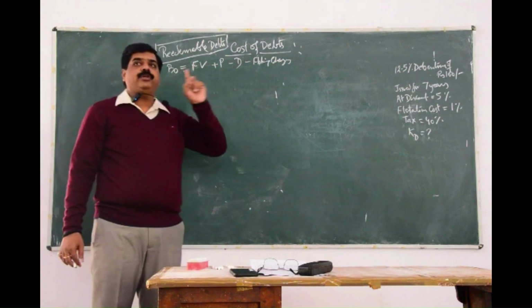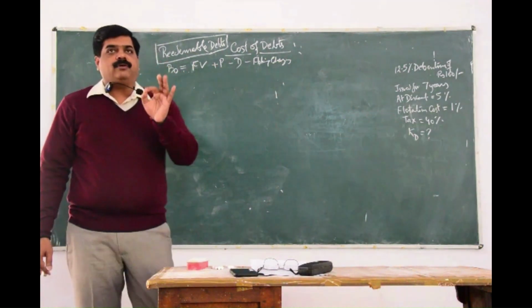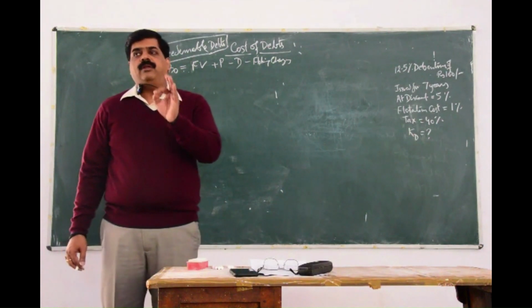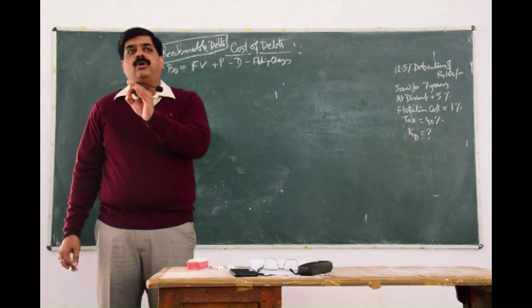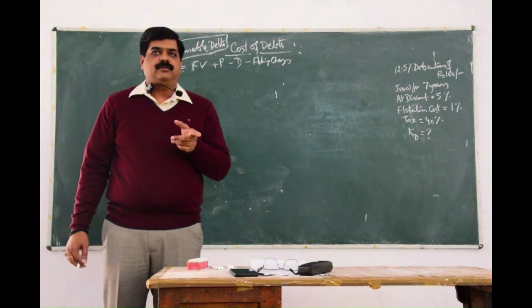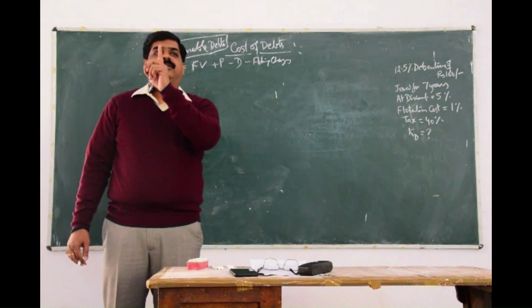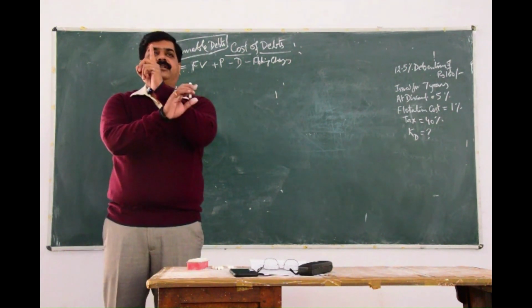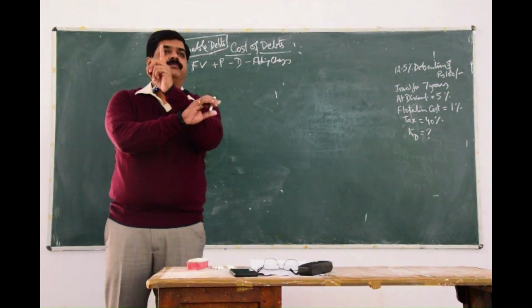One thing you have to keep in mind: floating charges or floating expenses will always be calculated on face value or issue price, whichever is higher. What I am trying to say is, if the face value is 100 and the discount is 5%, the issue price becomes 95.